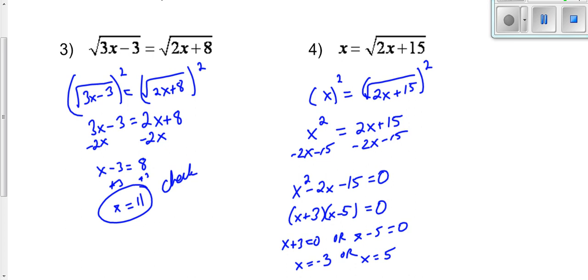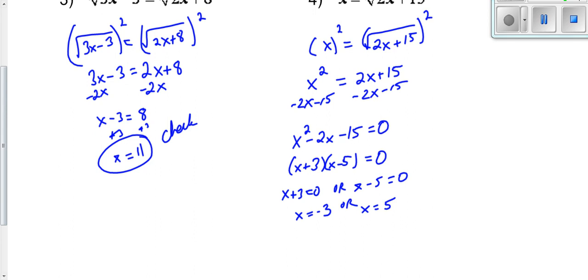Does negative 3 really equal the square root of negative 6 plus 15? Does negative 3 equal the square root of 9? No. So the negative 3 is an extraneous solution.